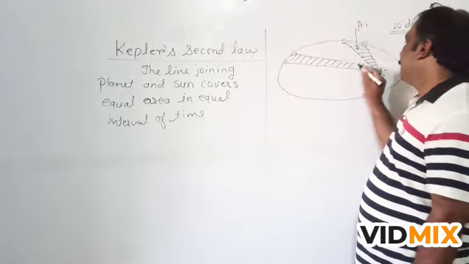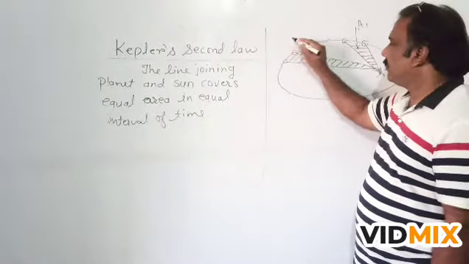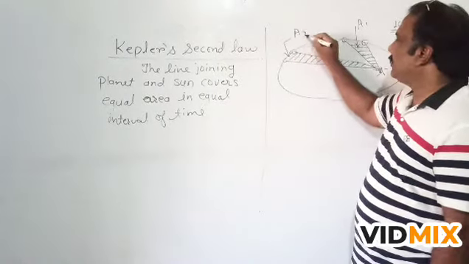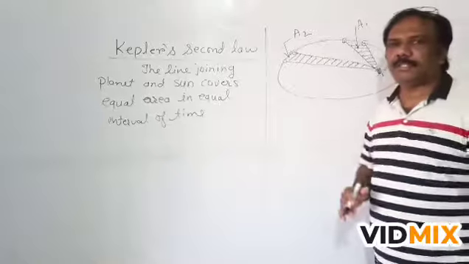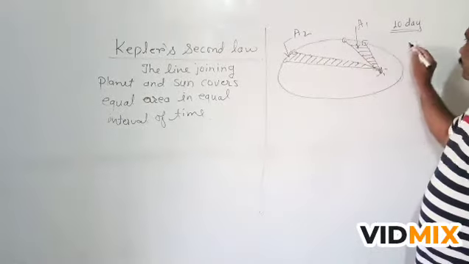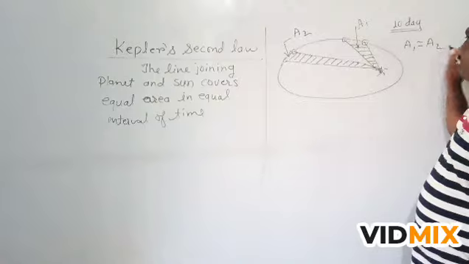Let the area of this shaded portion be A2. So as per this law, area A1 is equal to A2.